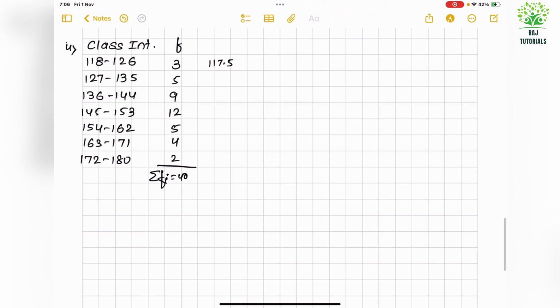So 0.5 on the left-hand side I am subtracting, and 0.5 I am adding on the right-hand side. Same way I am doing for all. So this will be 144.5 to 153.5.